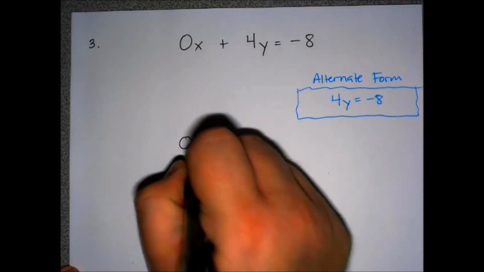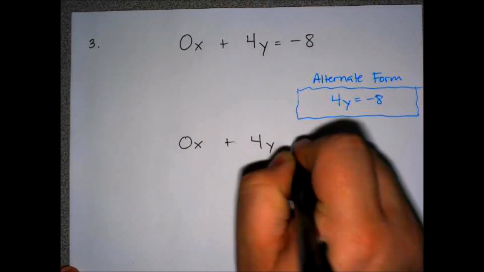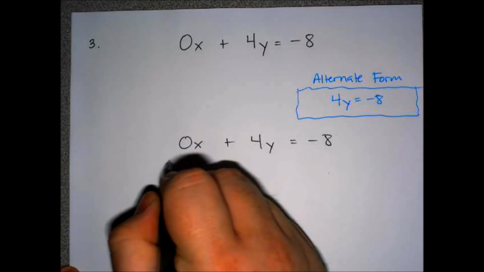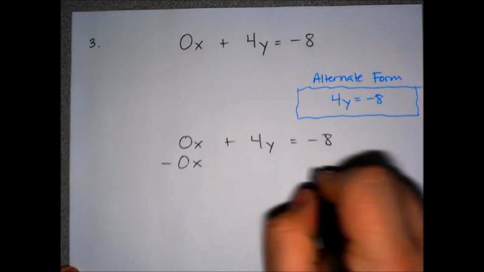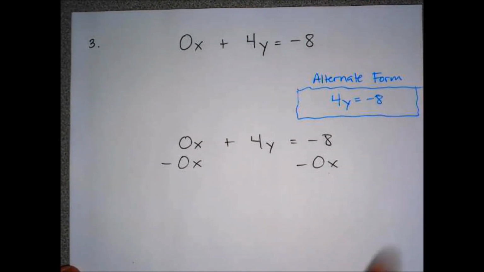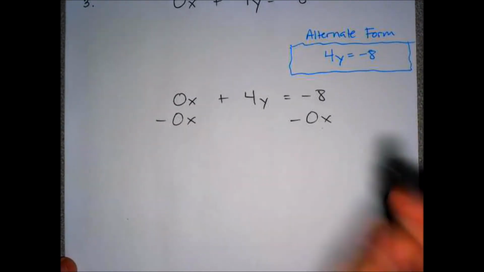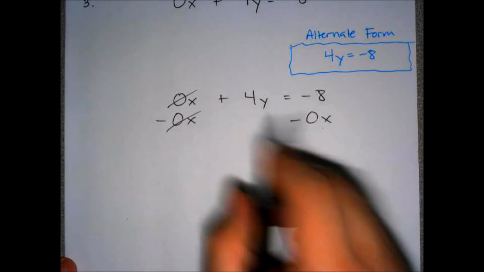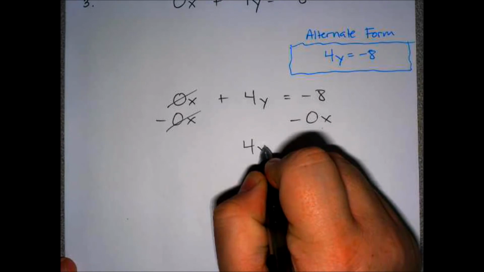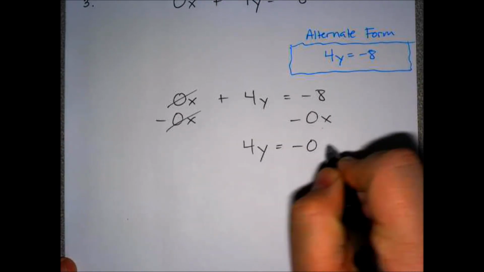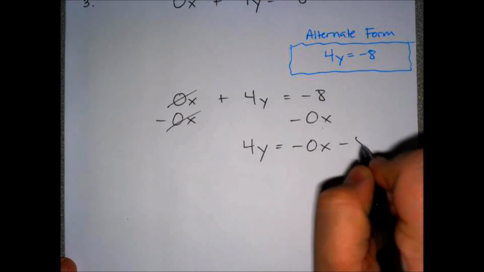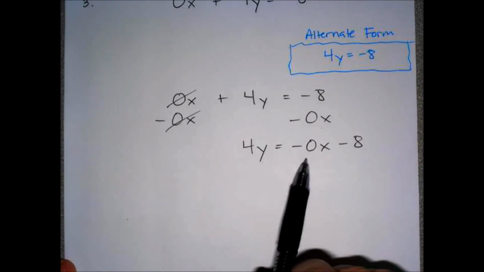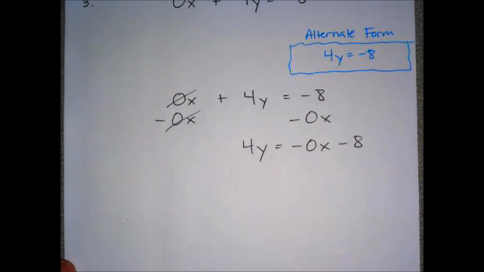So you have 0x plus 4y equals -8. You subtract 0x from both sides. Seems really weird, but hey, why not? So those cancel out, and you got 4y equals -0x minus 8. That just, as a math teacher, is like driving me nuts.